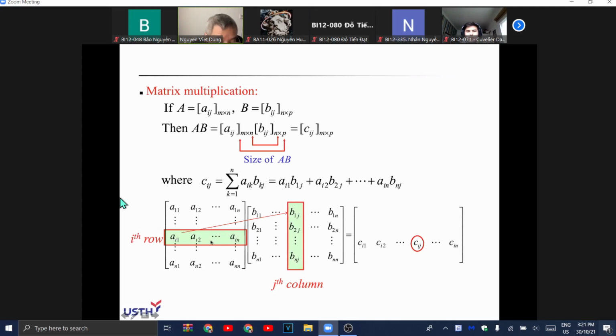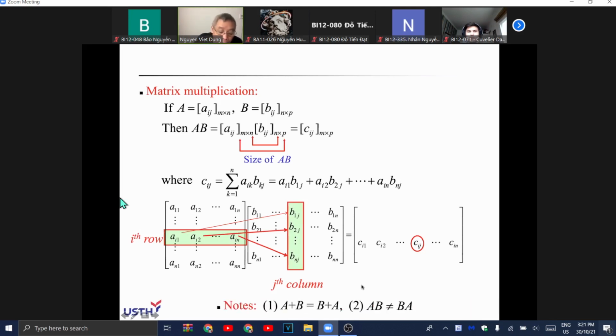We continue. We take the second entry here and multiply by the second entry here. We get the second term here, and so on. And finally, we take the last entry here and multiply by the last entry here. We get that term. That is the way we compute Cij. In order to remember that, you need to remember the picture here.